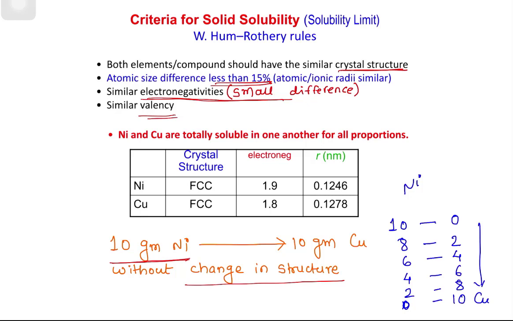For 10 grams nickel I will add 0 gram copper, 8 gram nickel 2 gram copper, and so on, down to 0 gram nickel and 10 gram copper. So I can transform the mixture from 10 gram nickel to 10 gram copper. If this happens without any structural change, we can call that a solid solution.